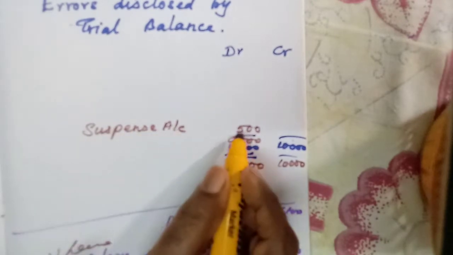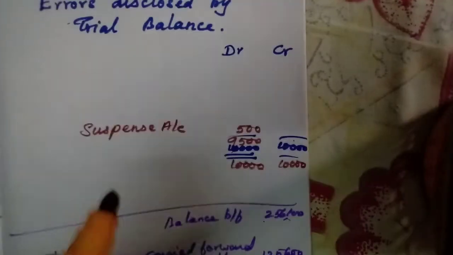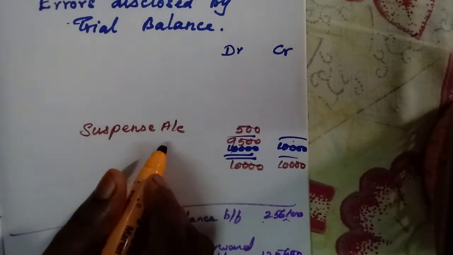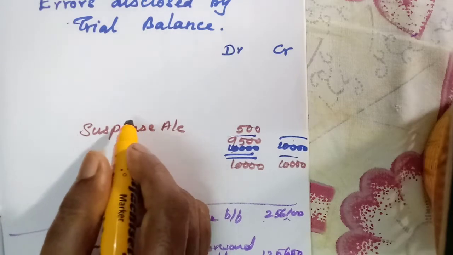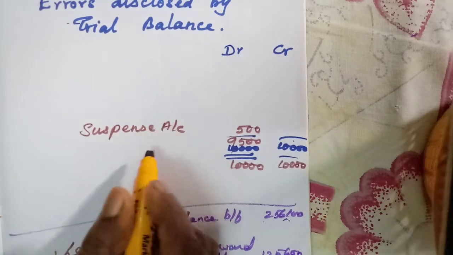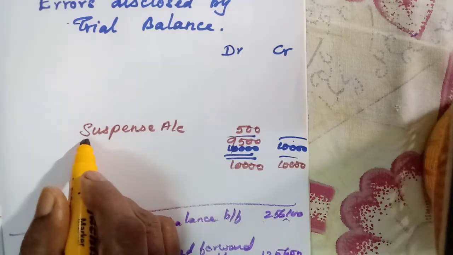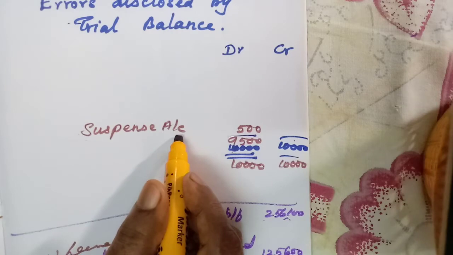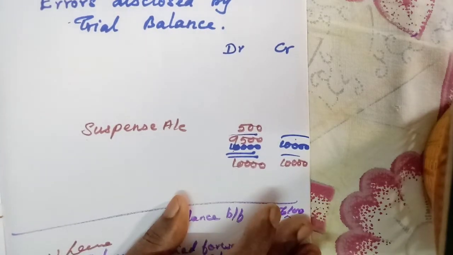Until then this 500 will be in the suspense account, okay. After locating and rectifying the error, we will prepare the rectifying journal entry. Only then we post to this suspense account, it will get tally, okay. Until then it will be in the same suspense account.